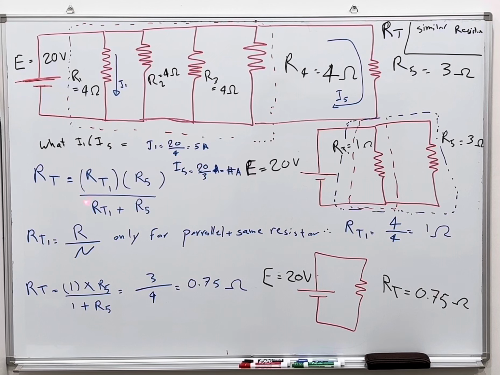Then we will add R total 1 to this value. So 1 multiplied by 3 equals 3, and 1 plus 3 equals 4.